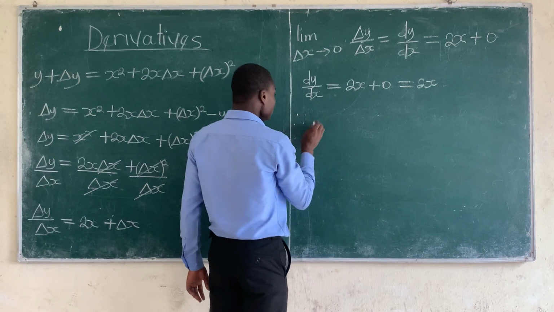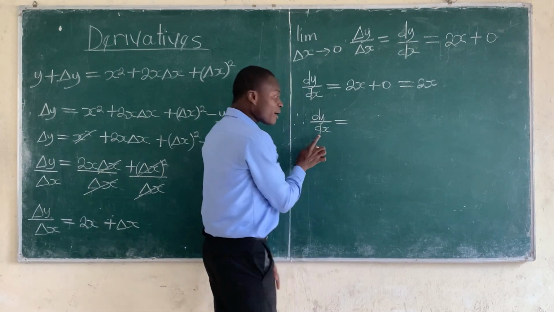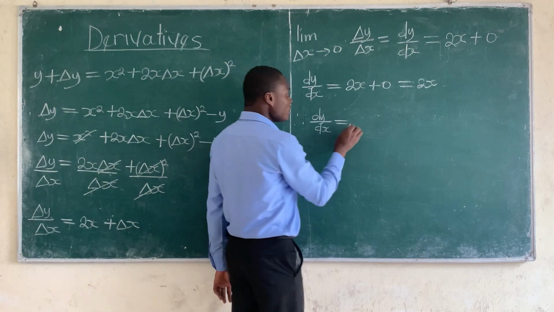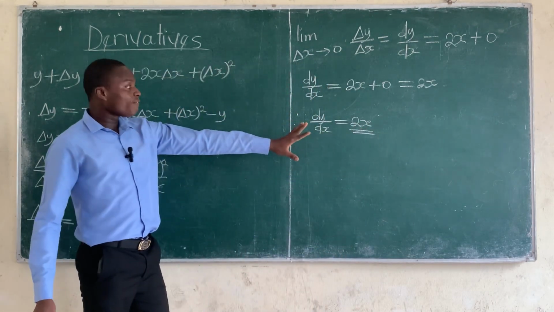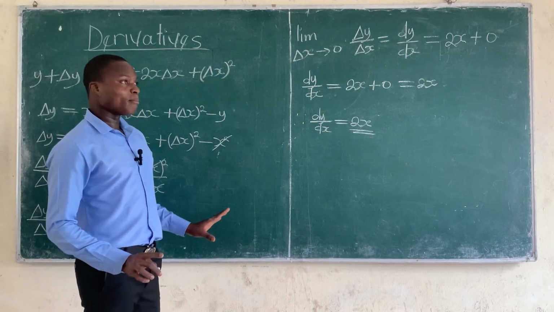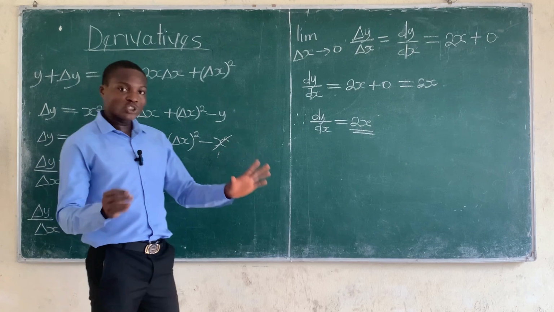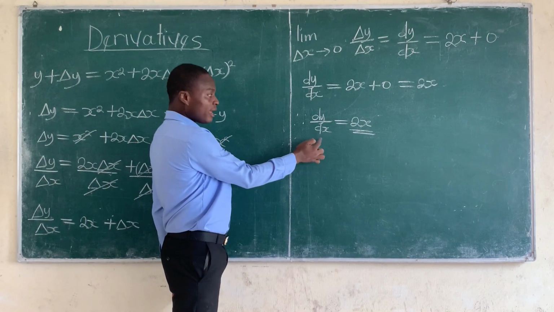So therefore, the derivative dy dx, which is the algebraic method of finding the slope, is equal to 2x. So that's how you find the slope of a function using the algebraic method. Please take note, the slope of the function using the algebraic method is dy dx.